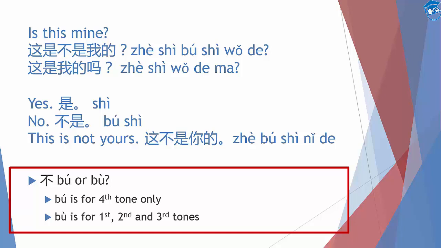For example, 好 is the third tone, so when you are saying not good, it is 不好. Alright? We'll use this more often so you can be more familiar with this in the future.